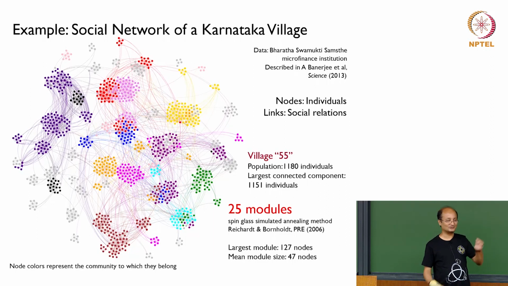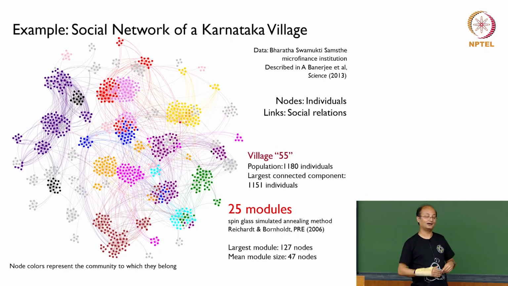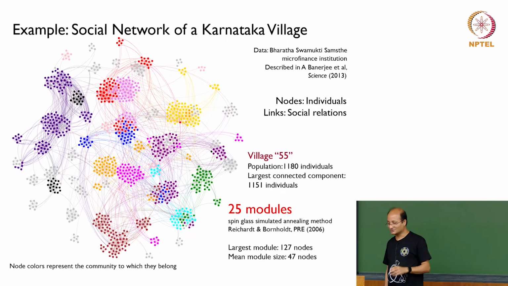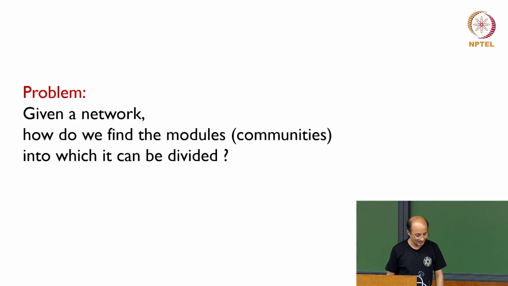Some families could be related to another family because of marriage, but another family through the temple, going to the same temple and so on. We would love to do that analysis, but this data set is so rich, you can do lots of things, but given finite time and a finite number of PhD students, there's only so much you can do. So we looked at some interesting behavior, including epidemic spreading in this network.